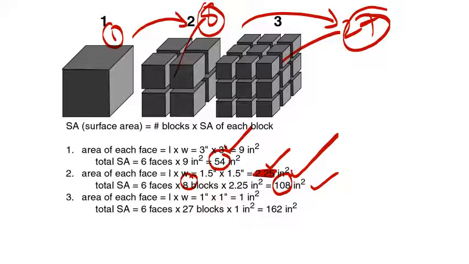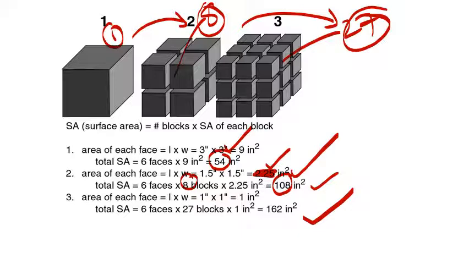If you further reduce the size of each cube, and now in place of 2 you create it into 3, so 3 into 3 into 3 is 9, and 9 into 3 is 27. Now 27 blocks are there, so that value is 162.